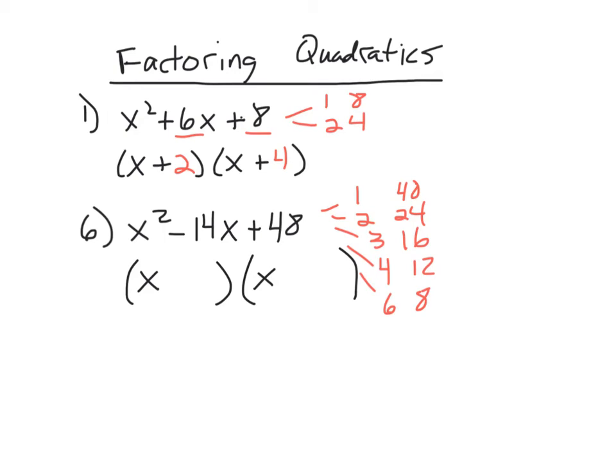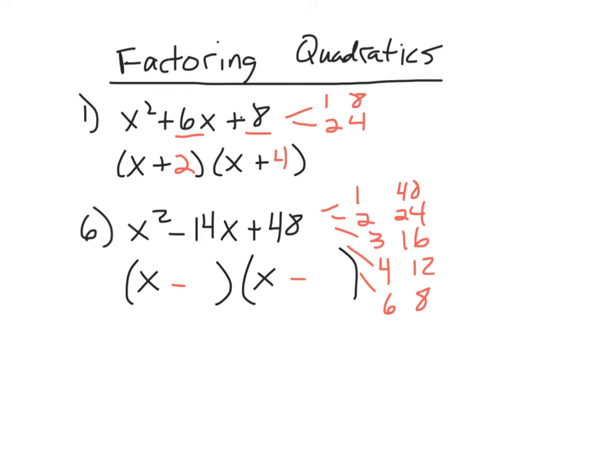But now we're going to look at our middle term here. Notice that it's negative while this right here is positive. Well, the only way that I can have a negative middle term and a positive last term is if both of these are negative. Okay, so let's think about that for a minute.